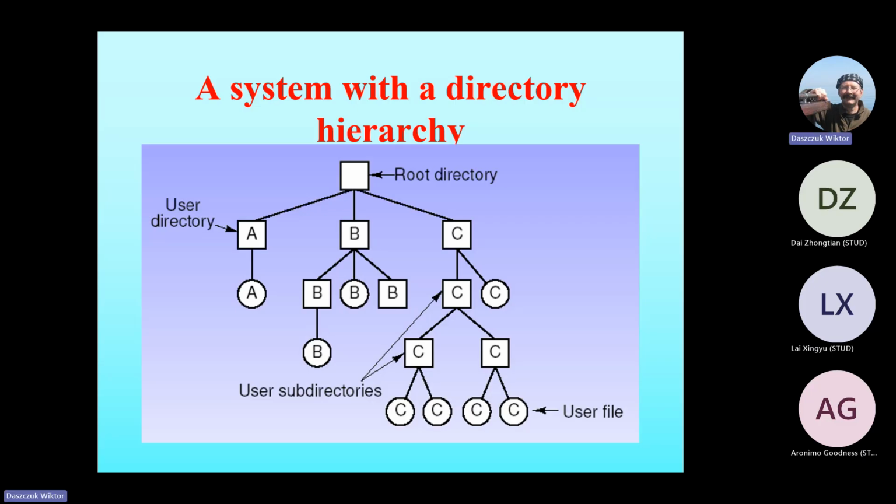This is the root directory, user directory, or system directory, subdirectories, and files. It is a tree. And for example, in Windows, it is actually a tree. However, in Unix-like systems, we can make more than one link to a file.